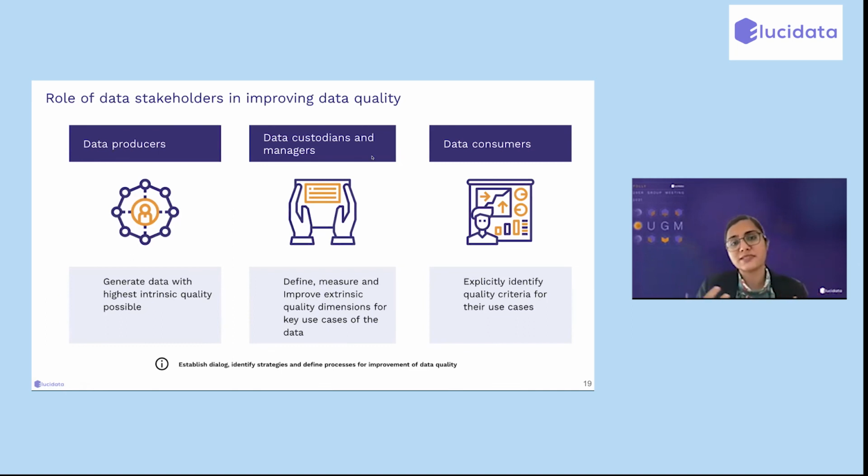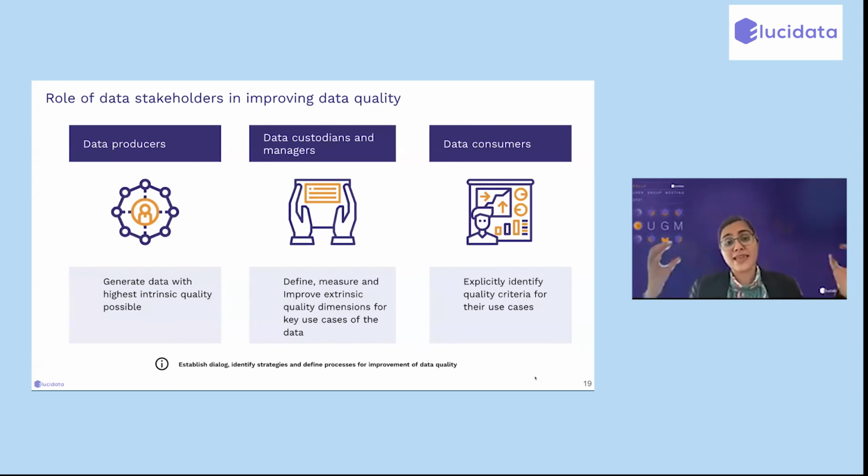Then data custodians and managers, people like us at Elucidata, or data teams in your organization, really need to think about defining, measuring, and improving extrinsic quality dimensions. And then data consumers have to be very explicit and deliberate about identifying what quality criteria they are using. Because all of us use these criteria in almost everything we do, but we are often not very deliberate or intentional about them.